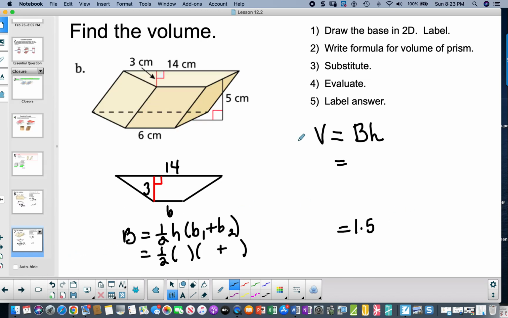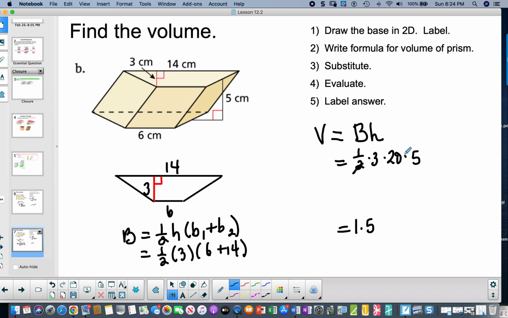In this shape, the area of the base is actually a trapezoid, and so the height of the trapezoid is 3. The base lengths of the trapezoid are 6 and 14. So the area of the base is going to be 1/2 times 3 times 20, and the number of layers, or the height of the prism, is actually 5.